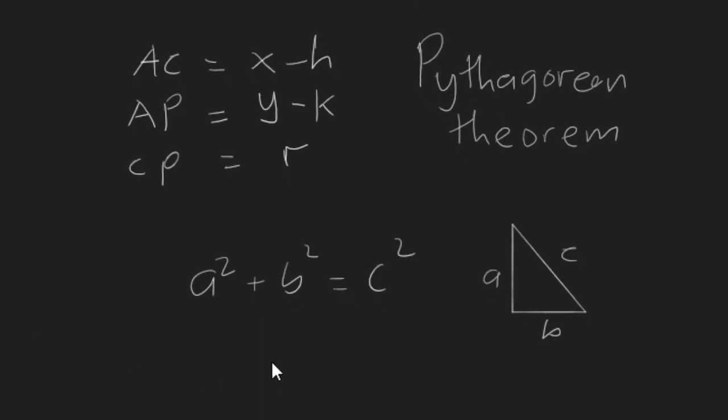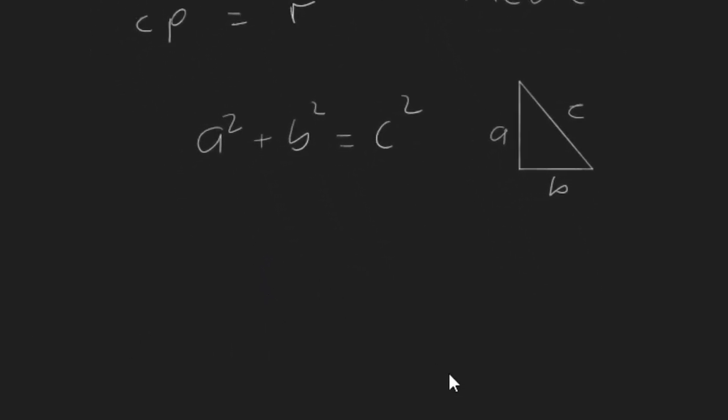So what we are going to see here is that AC square plus AP square is equal to R square.